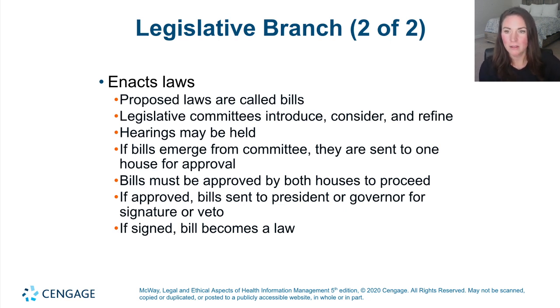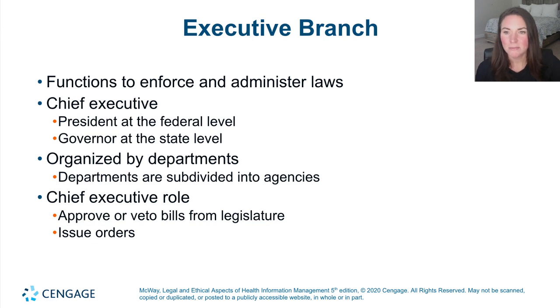Okay? Next is the executive branch, which is who enforces and administers the law. So at the top of the executive branch would be either the president on the federal level or the governors on the state level. It also includes the vice president and the cabinet members and all of the federal agencies.